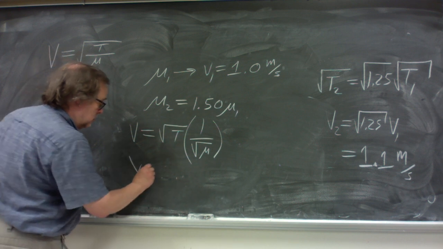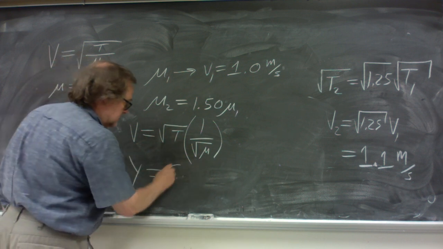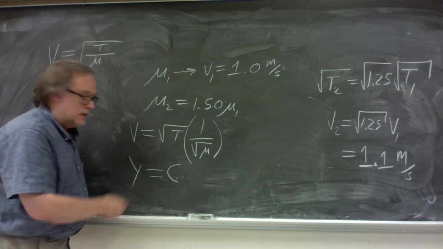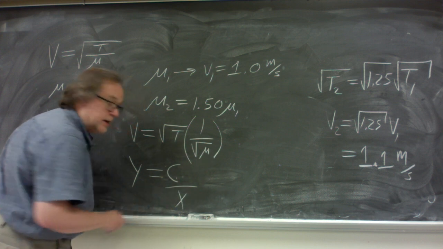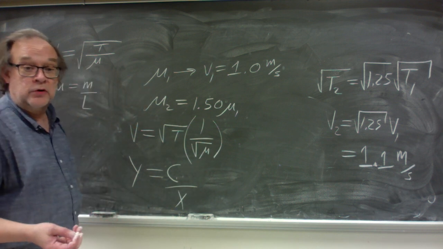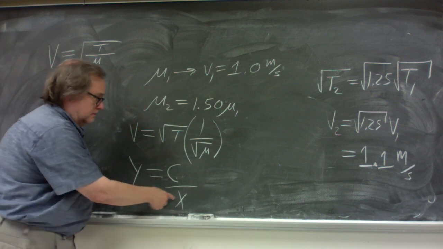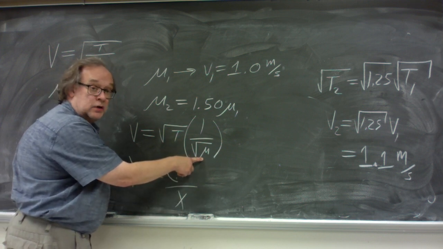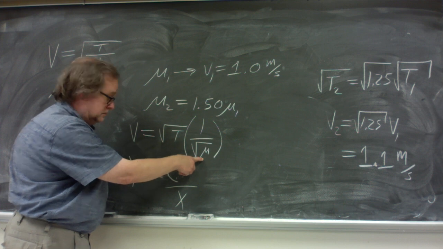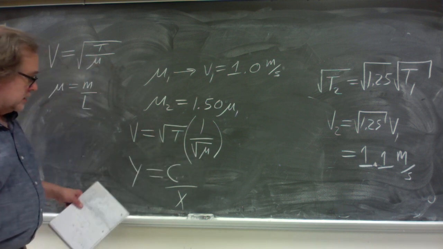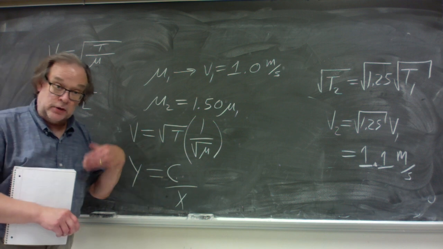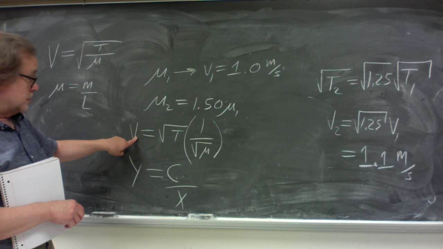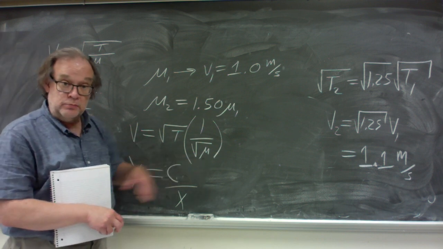We've got one variable equals constant stuff, which in this case is square root of tension, times or divided by some variable. In this case, the variable x is square root of mu. So in this case, we can say that y and x are inversely proportional. In that case, y corresponds to speed, x corresponds to square root of mu.